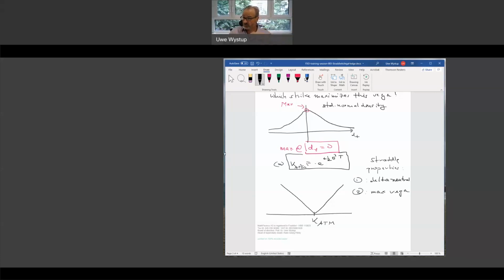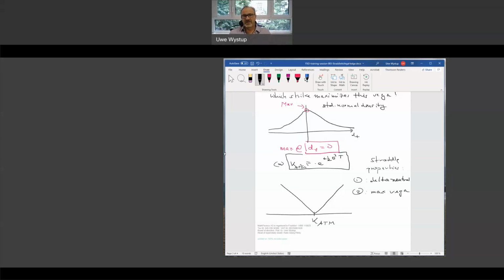It means the notional overall is small. So, maximum vega using that straddle. And the second good news is you wouldn't mess around with a delta position that you've already established. So you leave your delta untouched because it's already hedged, and then do a vega hedge with a straddle.